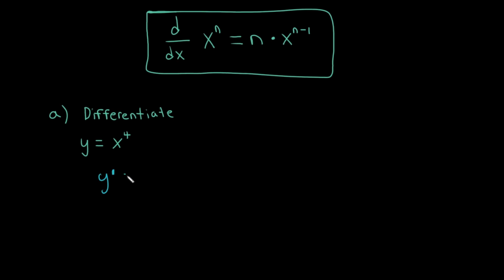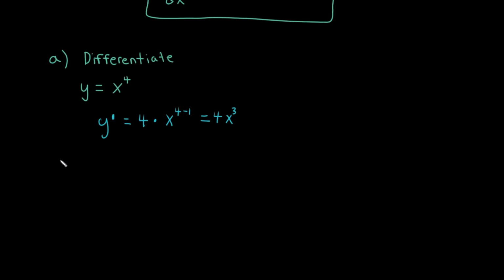Y prime is equal to, so what we do is we bring down the power, so 4, and we multiply it by the original function, which is x to the 4, but we have to subtract the exponent by 1. So we get 4x cubed, and that is the derivative of x to the 4.